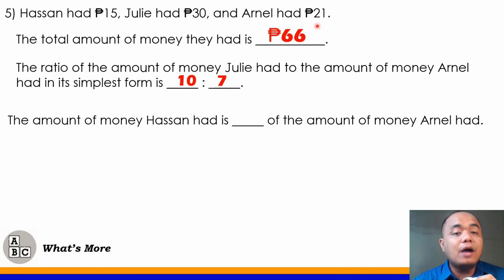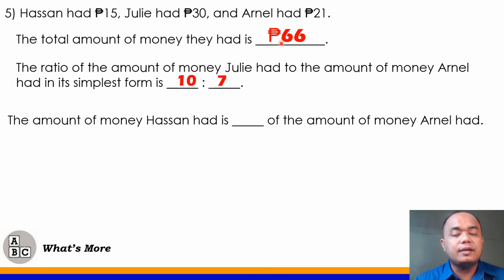Next, the amount of money Hassan had is blank of the amount of money Arnel had. So, in this case, class, we have to use fraction form. So, yung first quantity natin ay yung money ni Hassan na 15 at saka yung money ni Arnel na 21. So, that's 15 for Hassan and 21 for Arnel. Now, can we reduce that to simplest form? Yung 15 over 21.